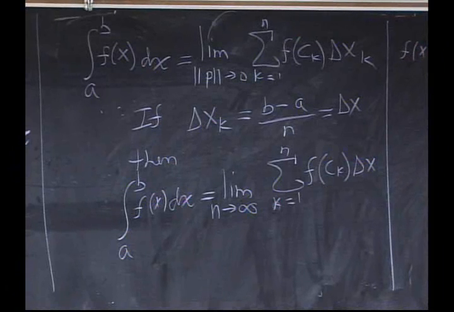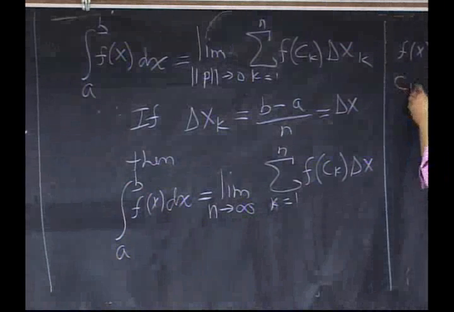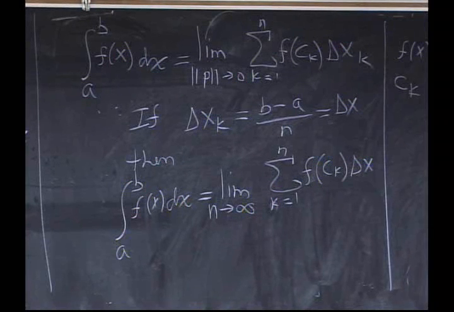I can choose any point in each of the subintervals as my c_k. So I'm going to choose the right endpoint for each subinterval. This is the kth subinterval.